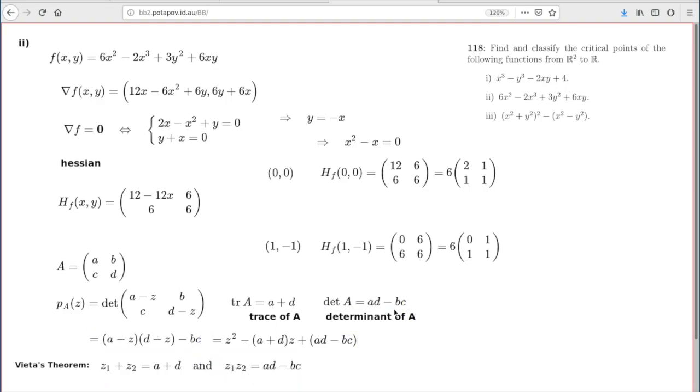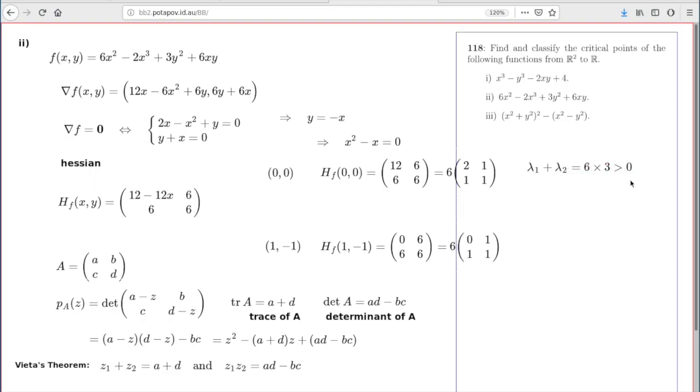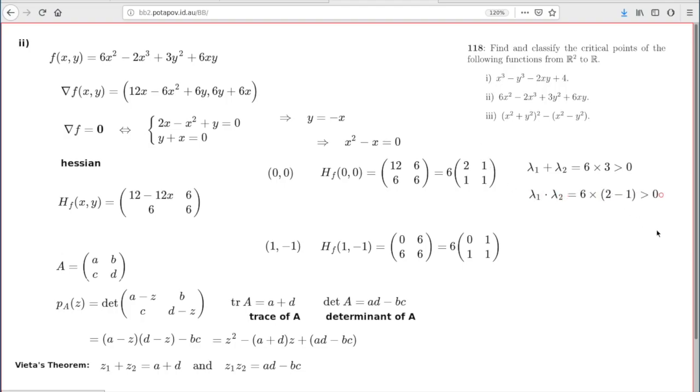If we use this trick for this Hessian, I can immediately say that the sum of the eigenvalues will be the trace, which is 3 times 6, 18, a positive value. And the product of the roots will be the determinant. I made a typo here; it's supposed to say 6 squared, because the common factor in front of the matrix, when you compute the determinant, is raised to the power of the dimension of the matrix.